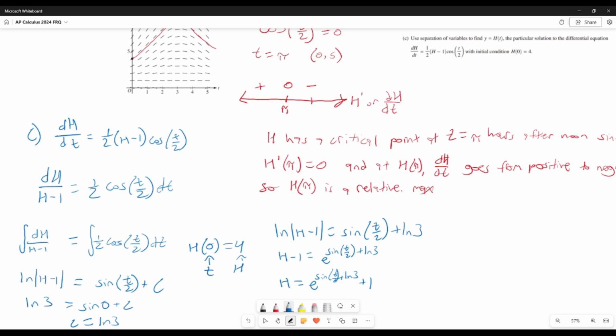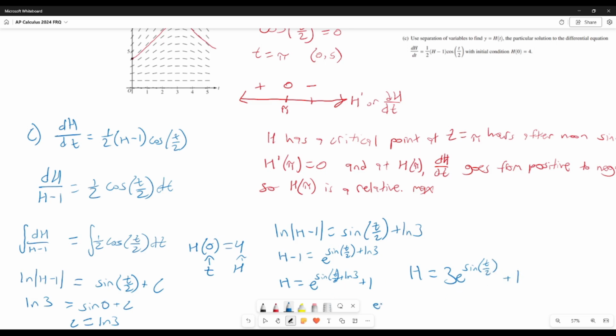And because you have addition up in your exponent, this is going to be the same as, let me fix this here. This is also going to be h equals 3 times e to the sine of t over 2 plus 1.